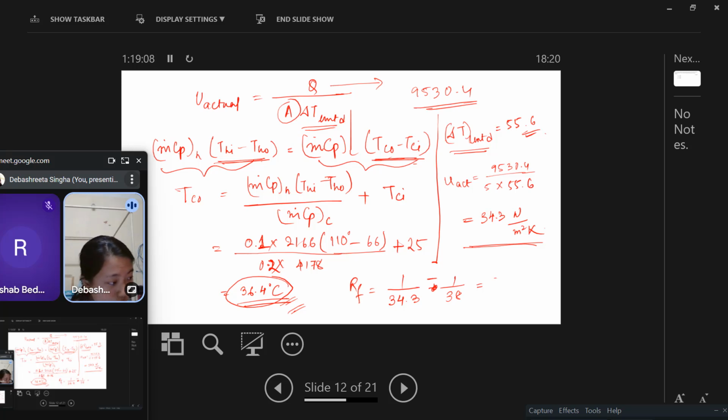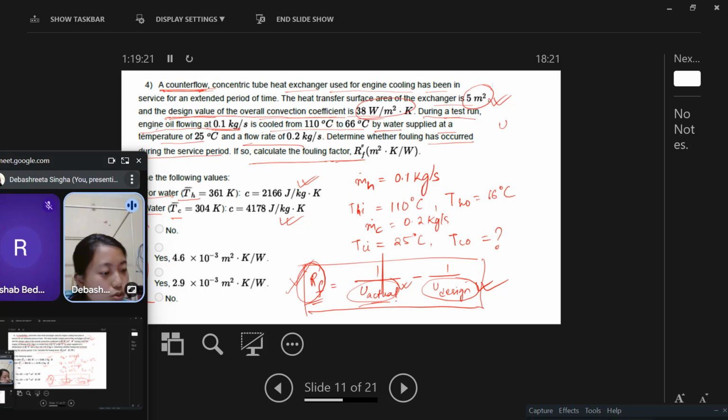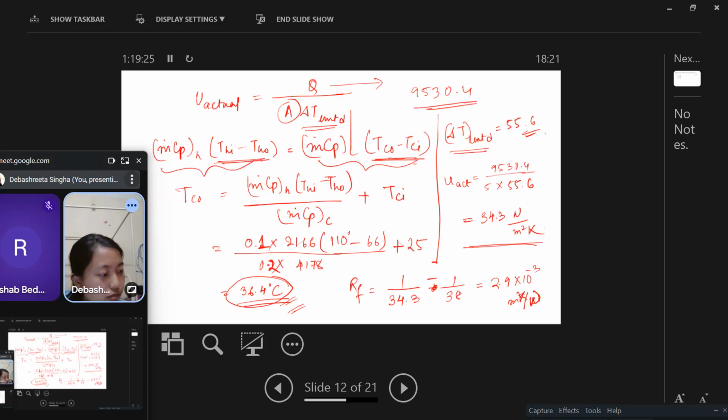So this is 2.9 into 10 power minus 3 meter square Kelvin per watt. So this is the third option. Okay, we'll move to the next question.